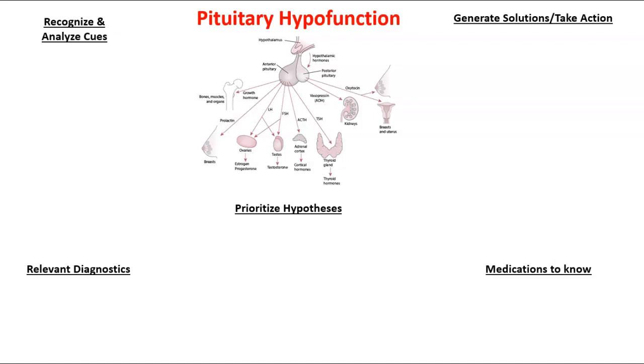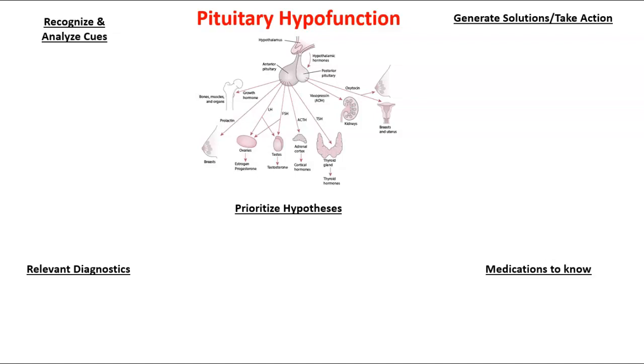So relevant diagnostics, we often will use a CT or MRI because we're looking for that adenoma. We want to check the hormone levels. So growth hormone. One of the tests for growth hormone we talked a little bit about is the growth hormone stimulation test. Basically, when we do that, we give insulin to induce hypoglycemia, which then stimulates growth hormone.